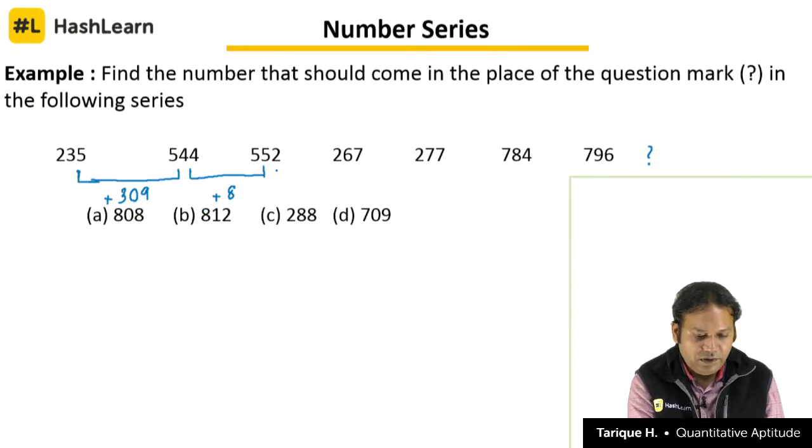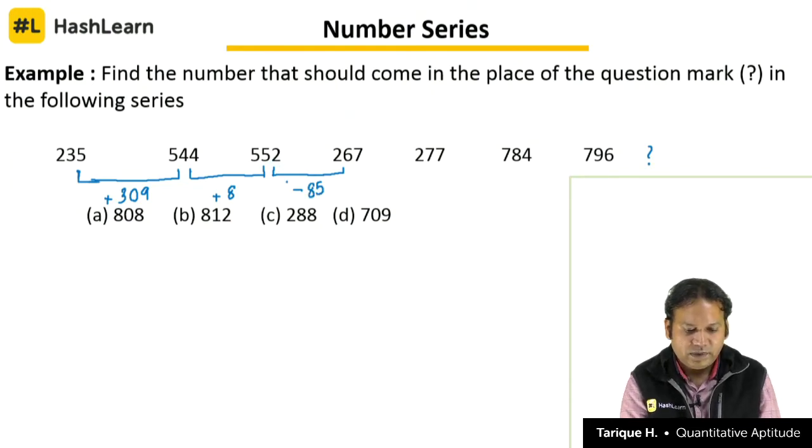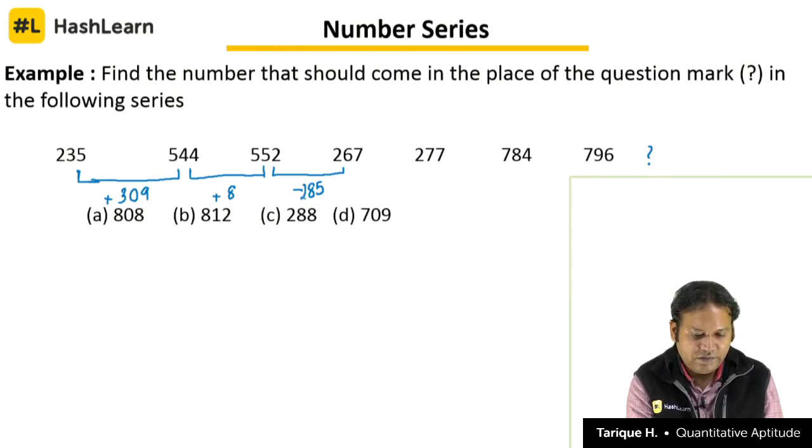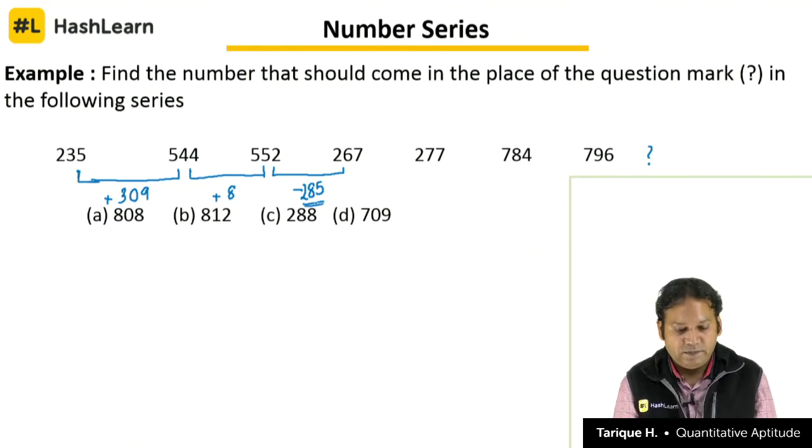Now 552 to 267, we are decreasing. By how much? 12 minus 7 is 5, and 14 minus 6 is 8, and 4 minus 2 is 2, so 285. So we are decreasing by 285.